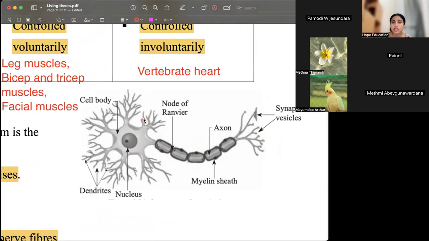Then you can also see short fibers, short branches. These short fibers, we call them dendrites. So when we talk of a neuron, that's the cell body and there are all these fibers. From those fibers, the longer fiber, we call it the axon. The short little fibers, we call them dendrites.